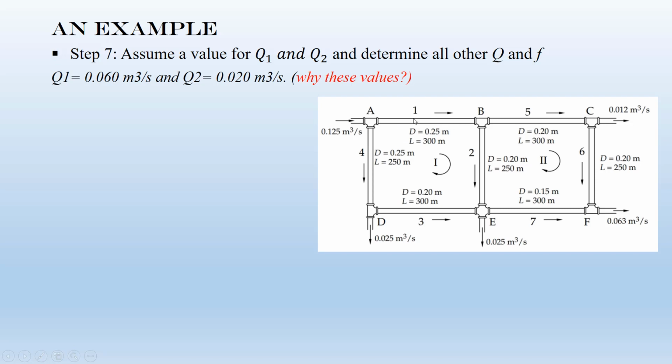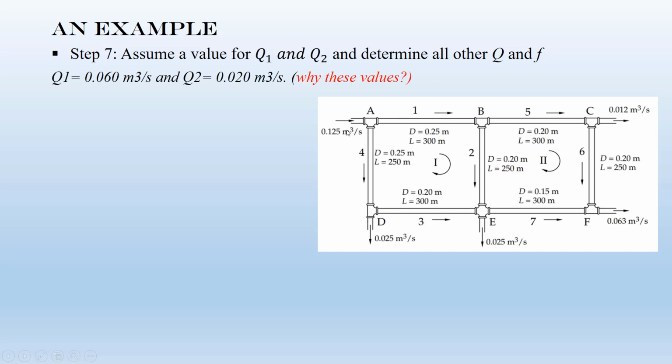Look, if this direction is correct, we have no idea if this direction is correct, but if this direction is correct, based on this diameter, probably 50% of the flow goes through pipe 1. This is not actually, guys, an exact value. Why? Because it depends on the length, it depends on the epsilon over the diameter, it depends on several factors. But that's a good assumption as a starting point.